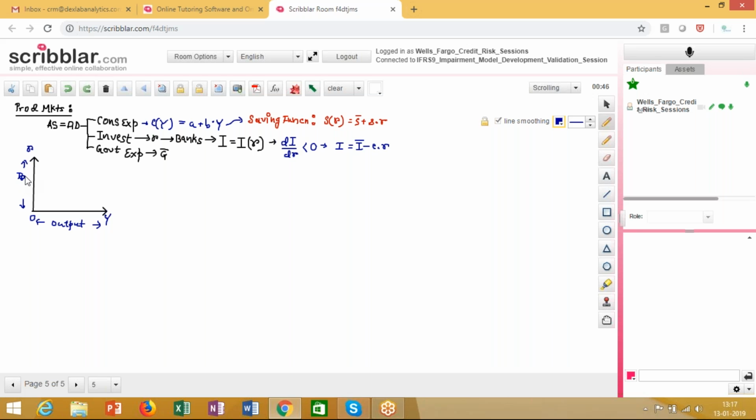Now, how would your investment graph look like? Obviously, over here, what we'll get is a set of savings and investment and a rate of interest. And you will get an equilibrium rate of interest over here, because investment and saving are both a function of the rate of interest.